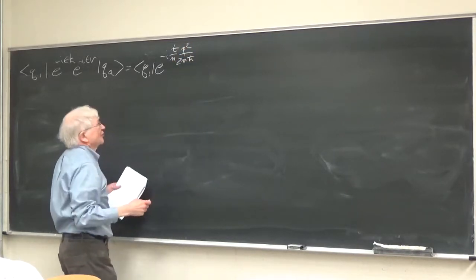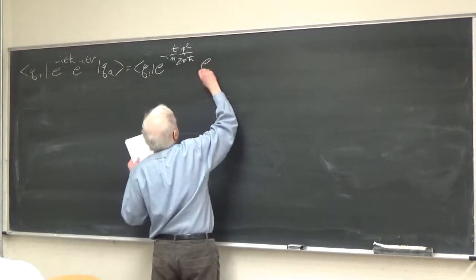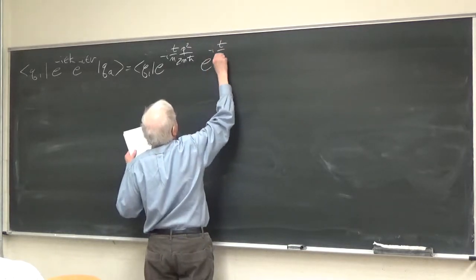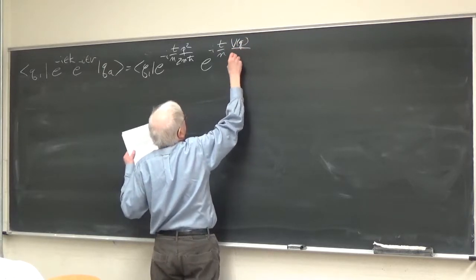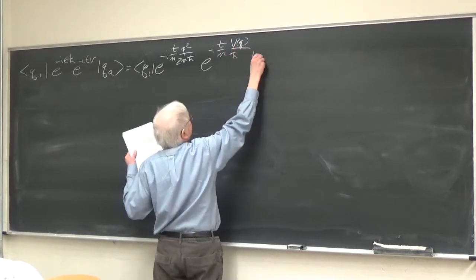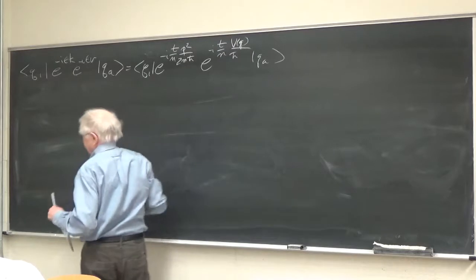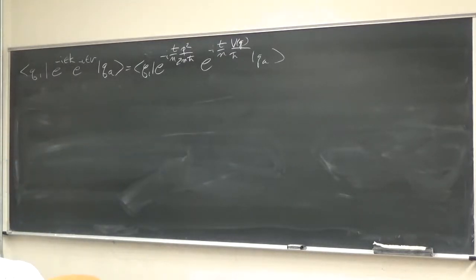Remember there's a 1 over h bar. e to the minus i t over n, V of q over h bar, qa. So that's the reason I introduced k and v, to not have to write things like t over n and 2m h bar all the time.